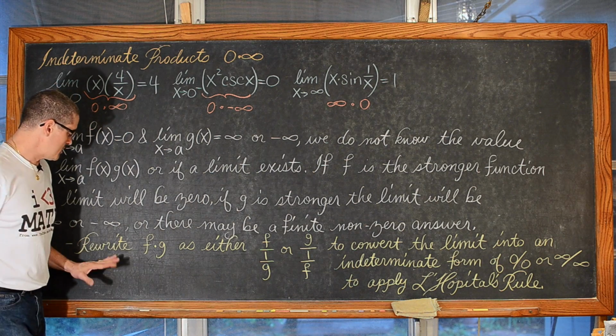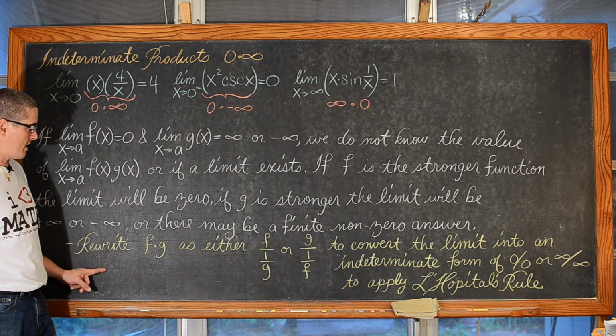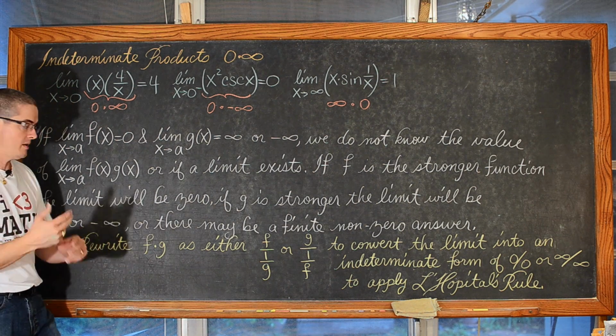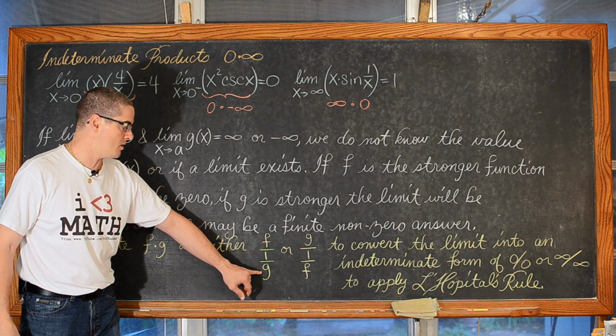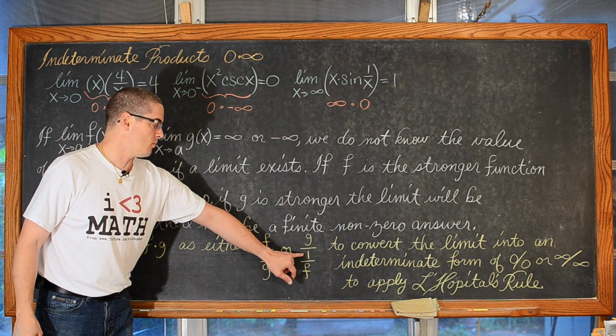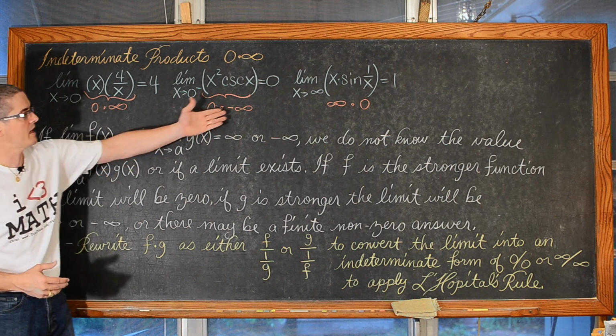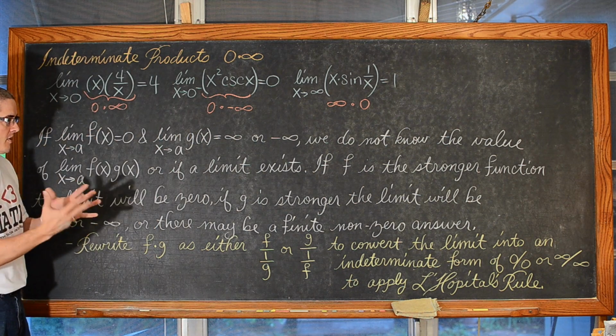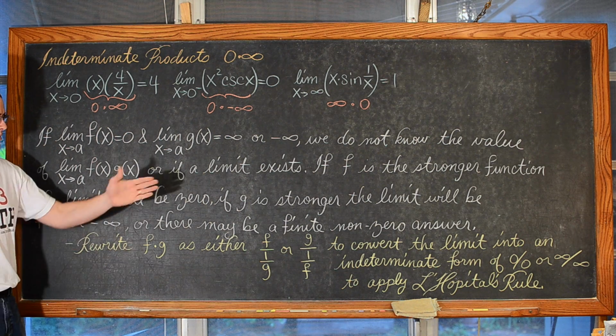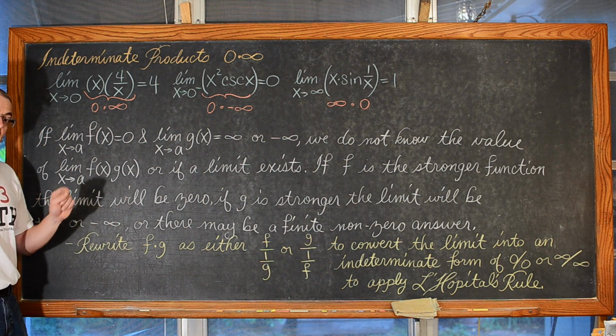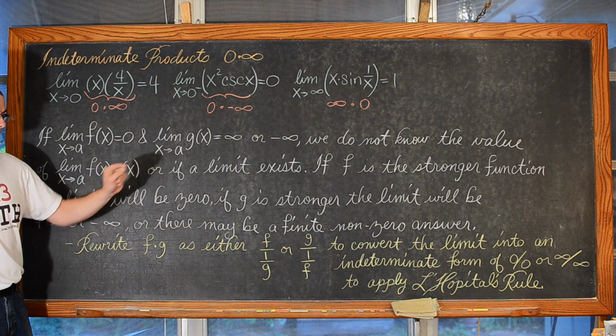So what you want to do with these problems is rewrite f times g in either the format of f over 1 over g or g over 1 over f, to convert this 0 times infinity or negative infinity limit into the indeterminate form of 0 over 0 or infinity over infinity, to apply L'Hopital's rule.